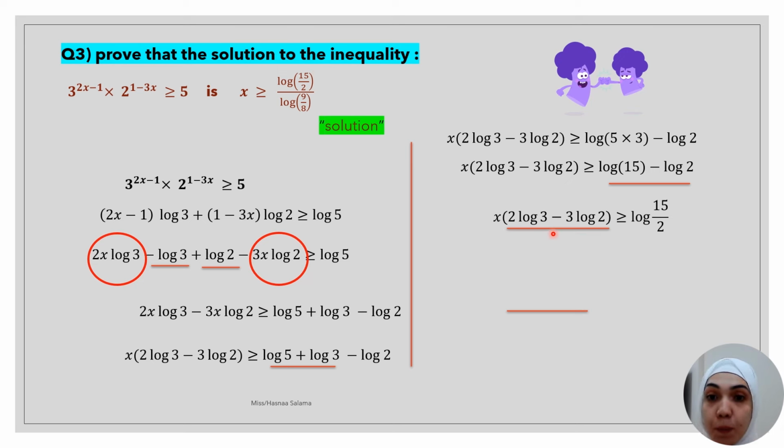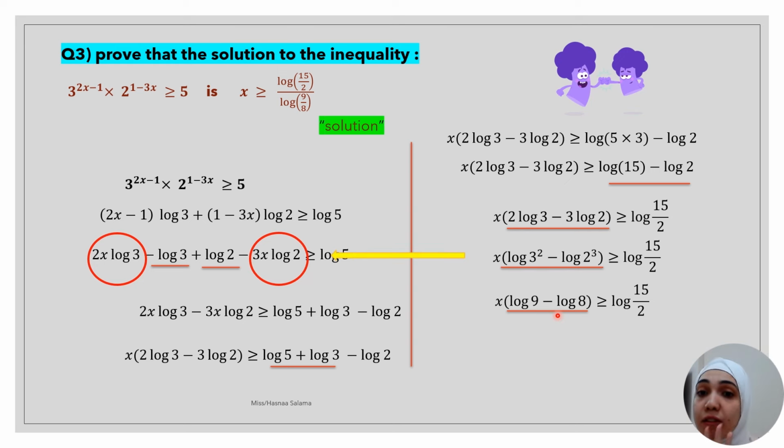From this one, it's the power law, because here we have a number before a log, so I wrote it as it is. Then we can solve it. 3 to the power 2 is 9, and 2 to the power 3 is 8. After that, a minus means the division law, so I can write it like this.